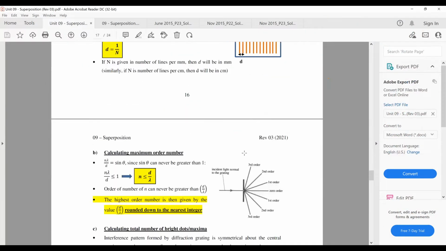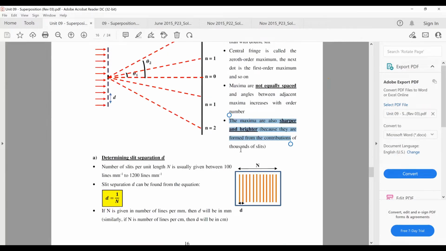Then I'll go through some little parts here again for you. Just now I mentioned slit separation is represented by the symbol small d. A lot of times when you're doing calculations for diffraction grating, they may not give you the slit separation directly. Instead, they tell you something else.